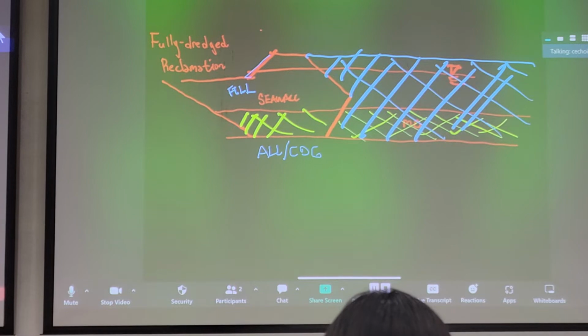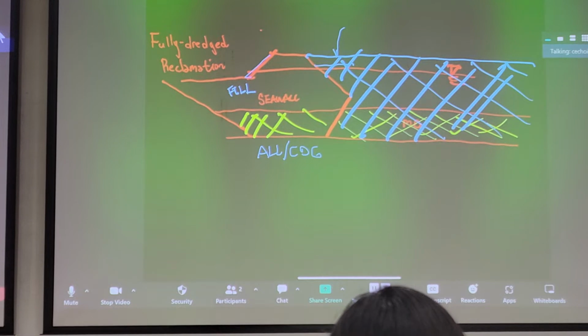You can guess there might be some settlement, but it's not a big deal. Just replace it with more fill material. So what you see described here is what we call fully dredged reclamation. My drawings are much worse than what's shown on the slide on the top of the corner, but that's what we call a fully dredged reclamation.